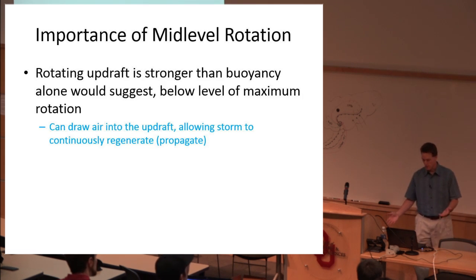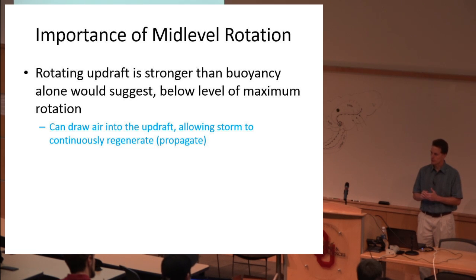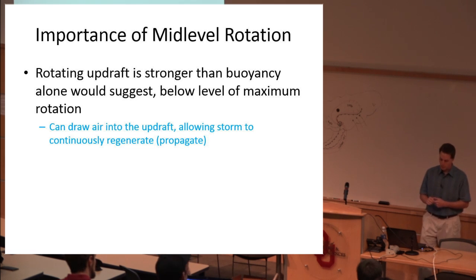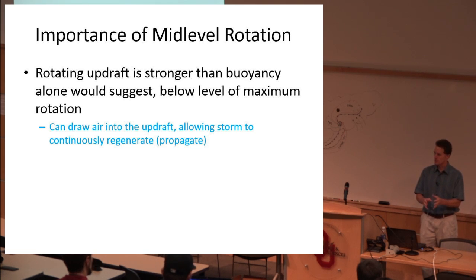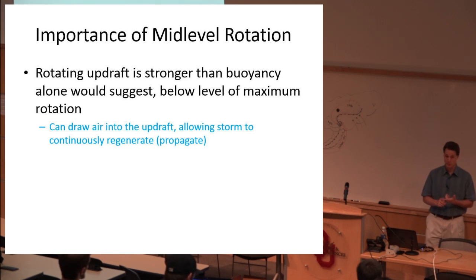So where do we get that from? Again, this is a function of the vertical shear and the buoyancy. And what's more important about the pressure perturbation is that the response to the perturbation is strongest below the perturbation in the vertical. So that's where it's drawing air in from below, which means you have an updraft in the low levels that's substantially stronger than it would be based on buoyancy alone.